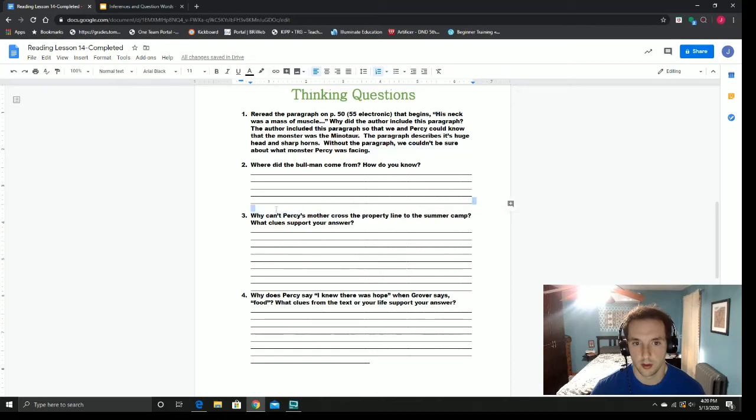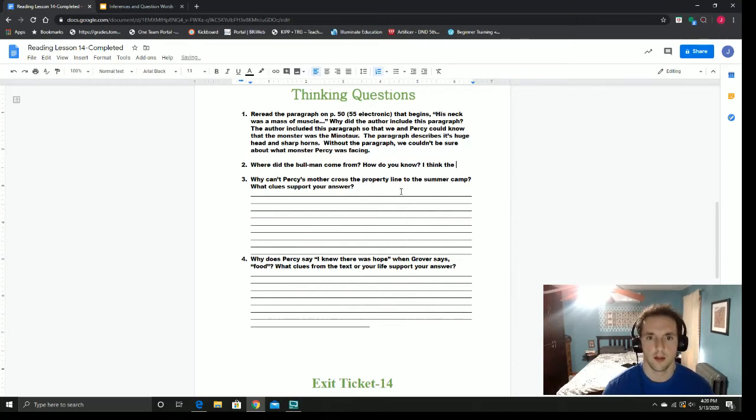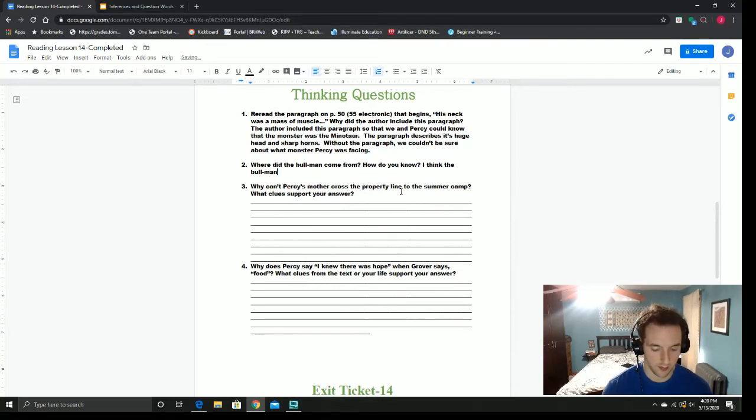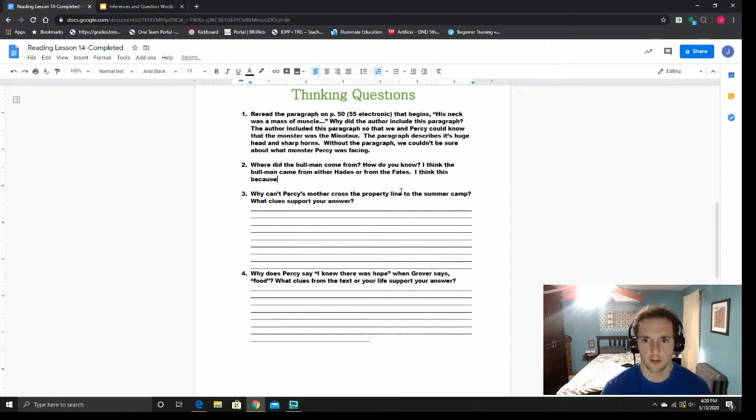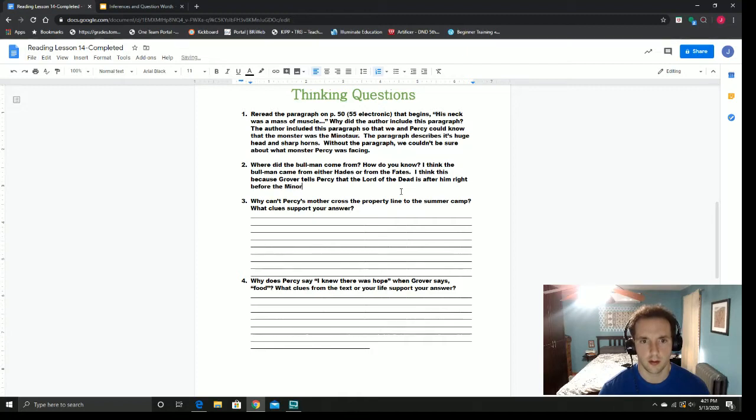So I'm going to say I think the bull man came from either Hades or from the Fates. I think this because Grover tells Percy that the Lord of the Dead is after him right before the Minotaur shows up.